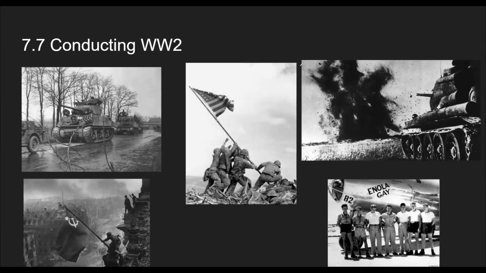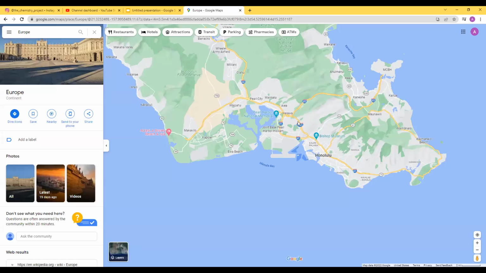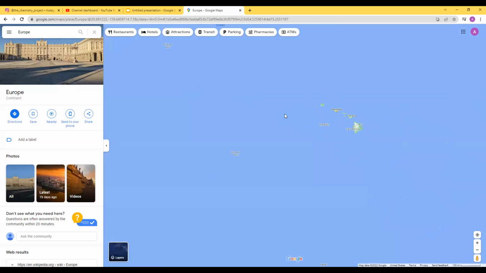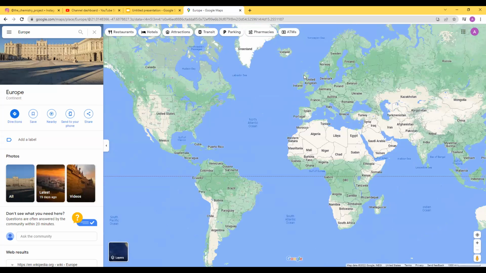Along with this, now America wants to also start to invade Germany, and they decide to do it in a joint operation with the British, which is now known as D-Day or Operation Overlord.